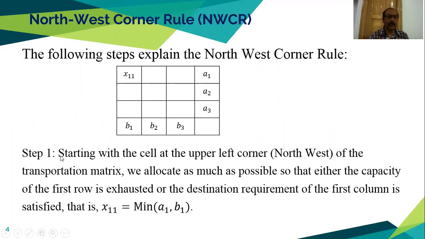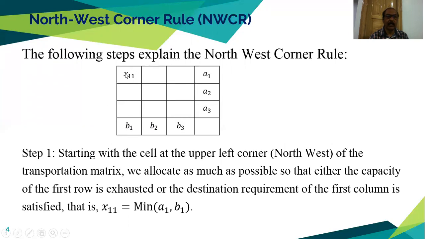The first step is to start with this topmost corner cell, where we can allocate x11. Why are we calling it x11? This cell is 1,1. Now how to allocate? We are considering A1 and B1. We have to find the minimum of A1 and B1, and that we have to allocate here.